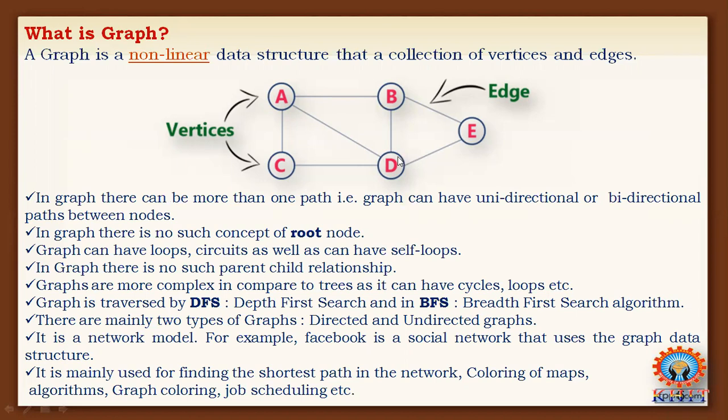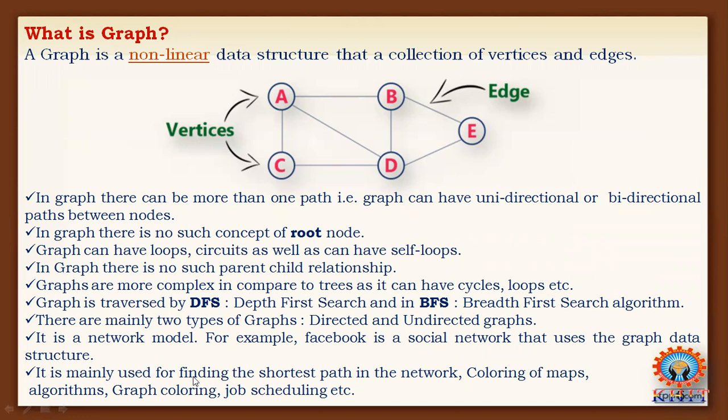So, the best example for a graph is Facebook. Facebook is a social network that uses the graph data structure. Facebook is one of the familiar examples for the graph. Why? Because there is a relationship from one person to another person. Through the social network, a huge network is constructed with the help of the graph.